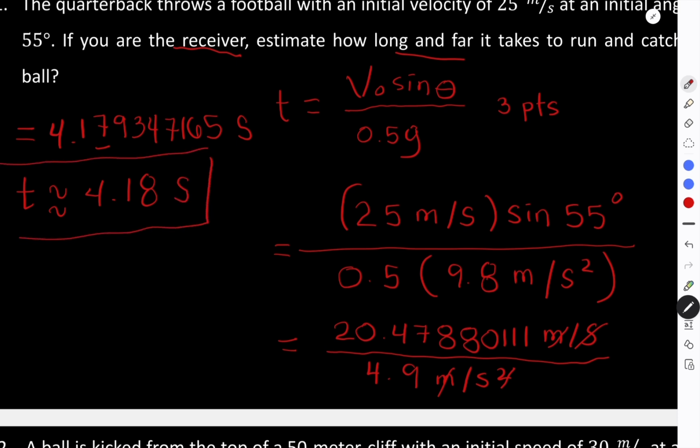Okay, now let's proceed to how far. Remember that the time is 4.18 seconds.